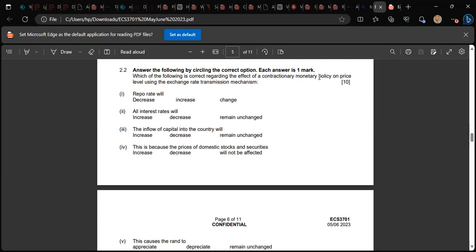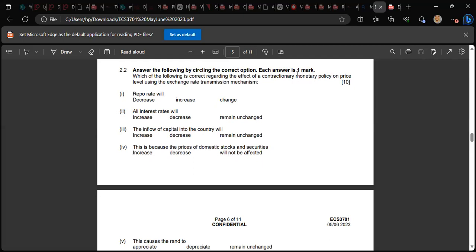That's the main point here. We are asking what's the effect of this contractionary monetary policy on the price level, using the exchange rate transmission mechanism.